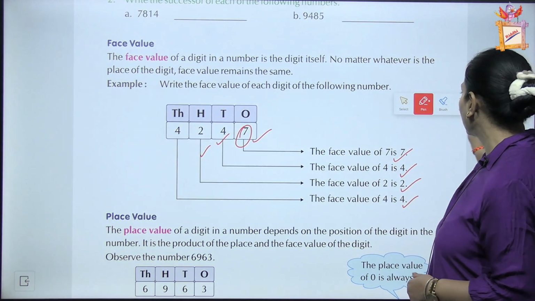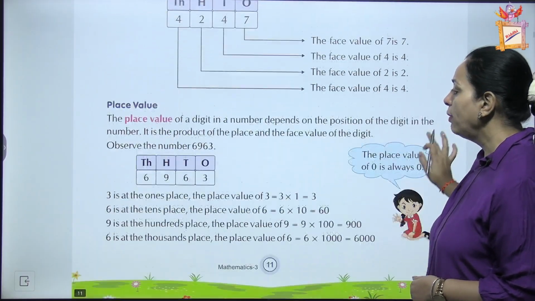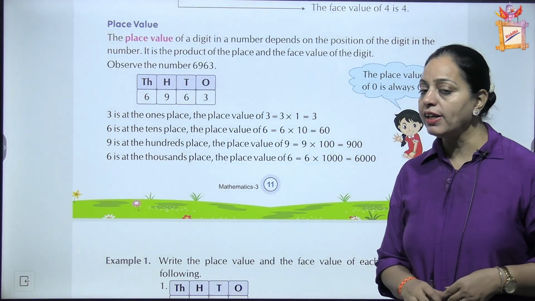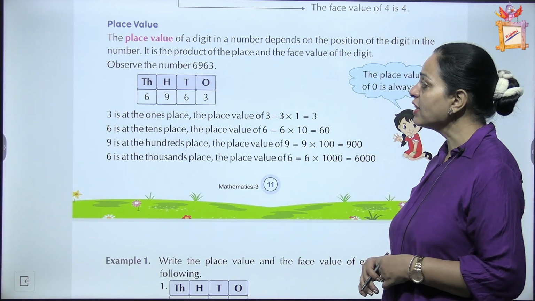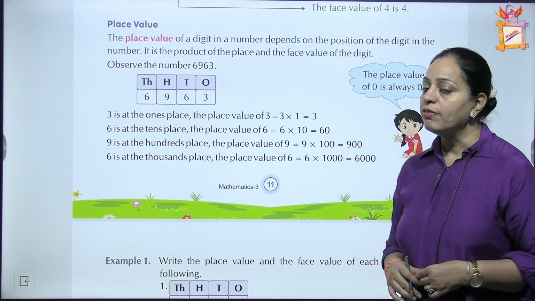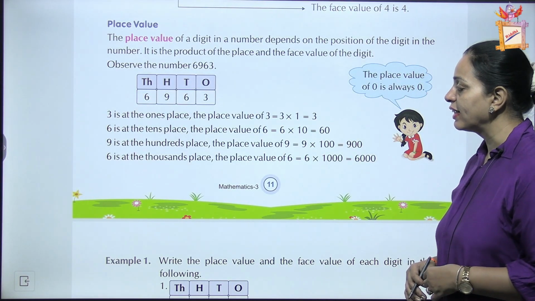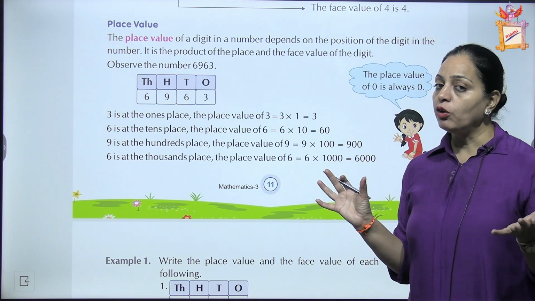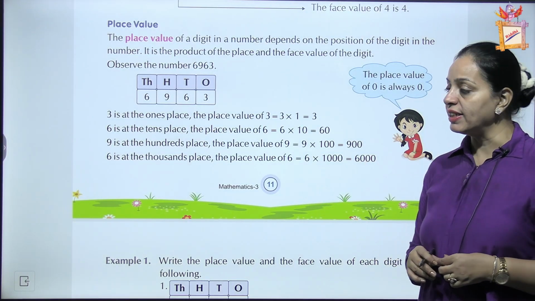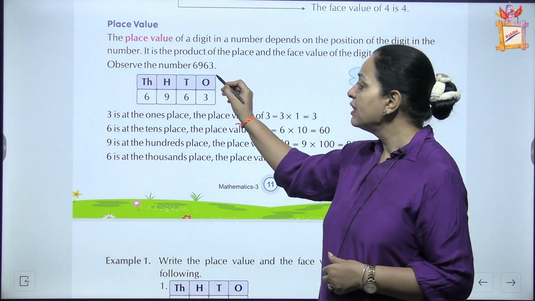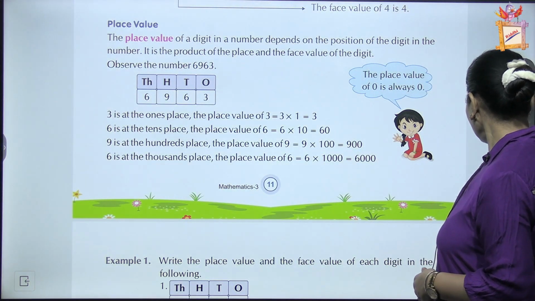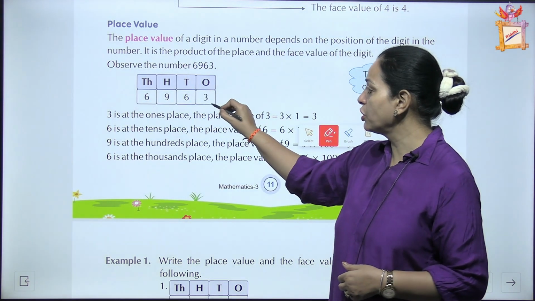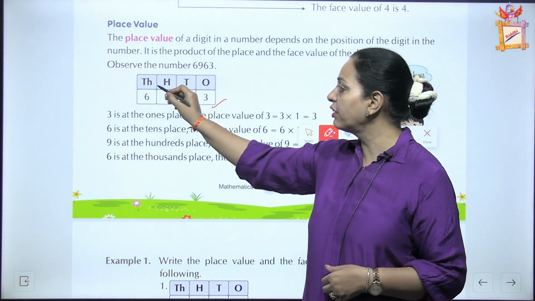Okay. Now we are talking about place value. Place value of a digit in a number depends on the position of the digit in the number. It is the product of the place and the face value of the digit. See here we have the number 6963. So first write according to the place: 1, 10, 100, 1000.